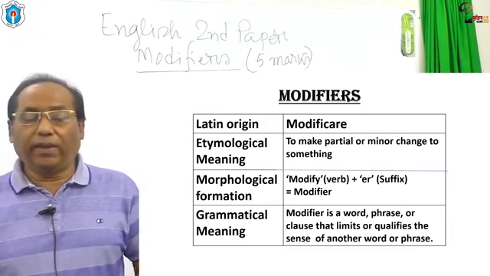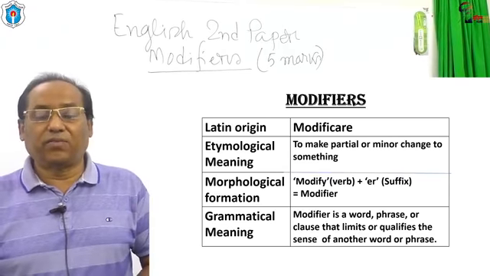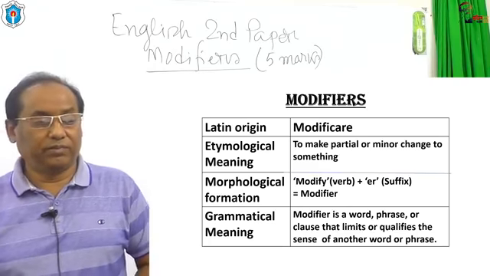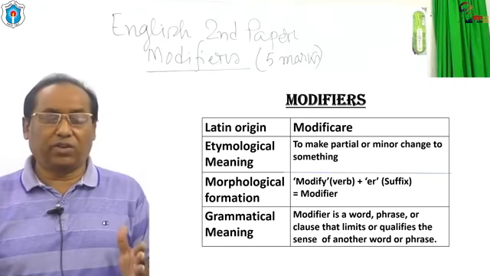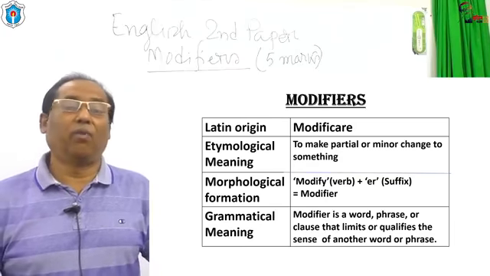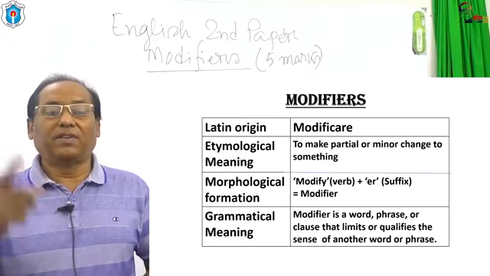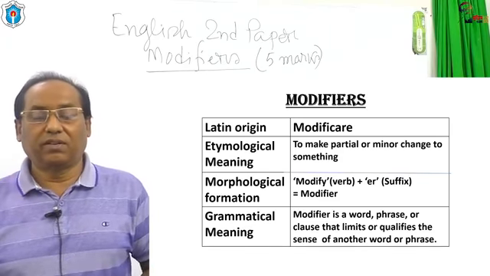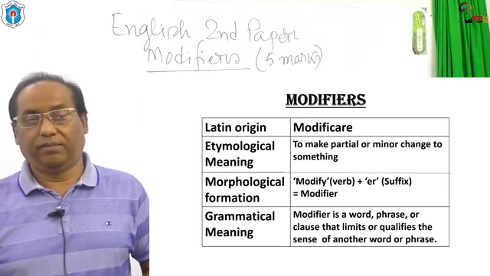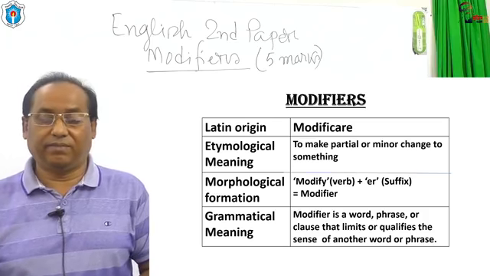Now we can explain modifiers from morphological point of view. What is the formation of the word modifier? In fact, modifier is the combination of two. First, a verb, that is modify, and another suffix er.